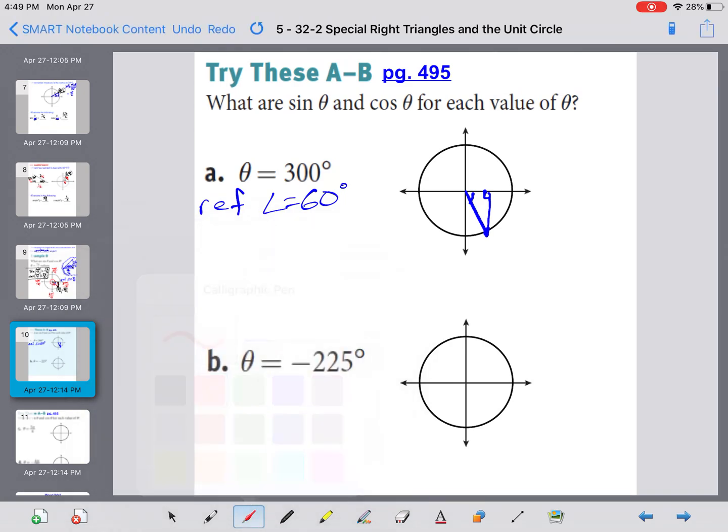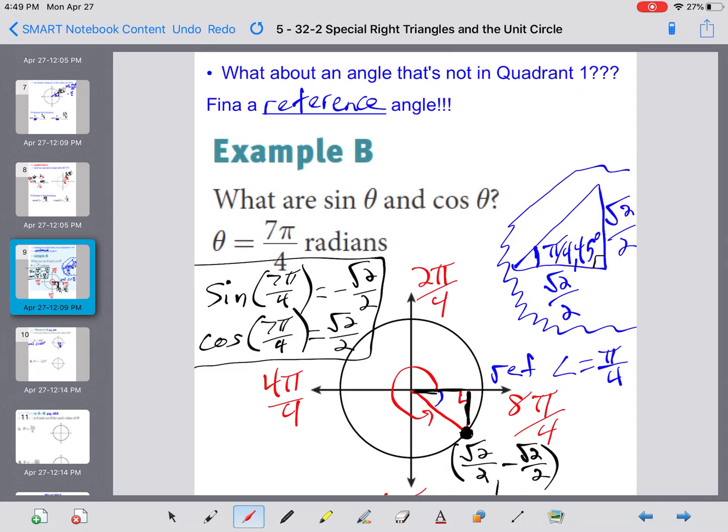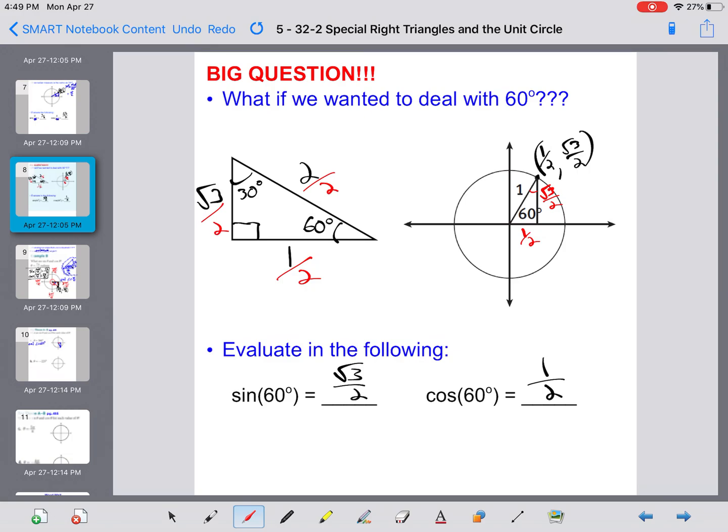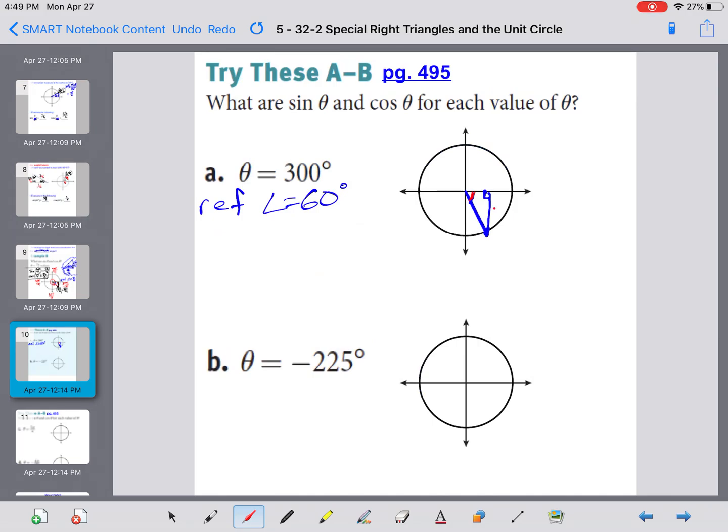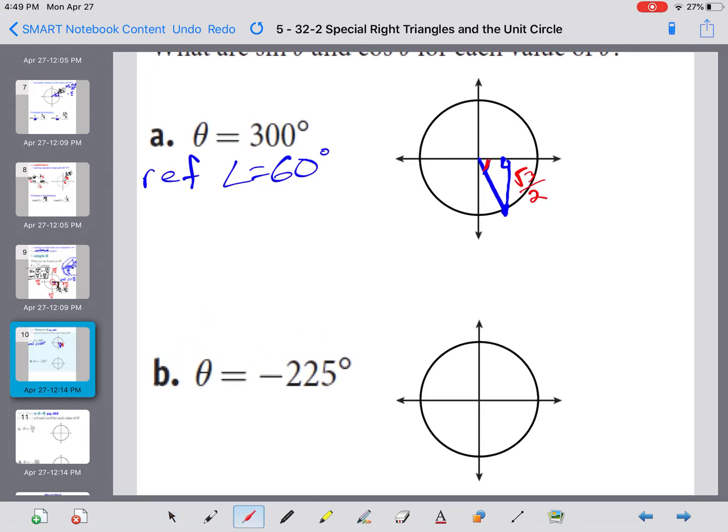So if I use 60 degrees, I'm thinking about my 30, 60, 90 right triangle, right? So this little angle down there is 60. That means across from 60 is root 3 over 2, and across from the 30 is 1/2.